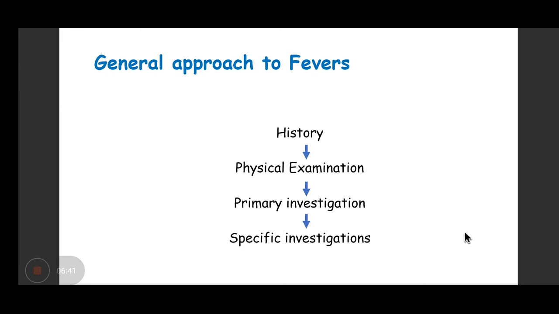Based on those clues, we go for a specific investigation for the particular infection that comes to our mind. So we take history, do physical examination, do primary or non-specific investigation, and then go for a specific investigation.